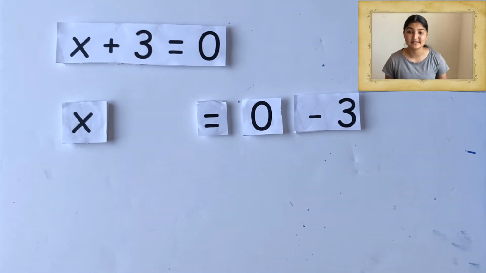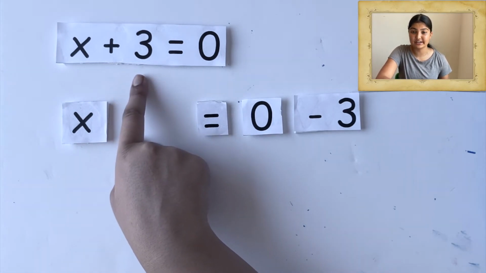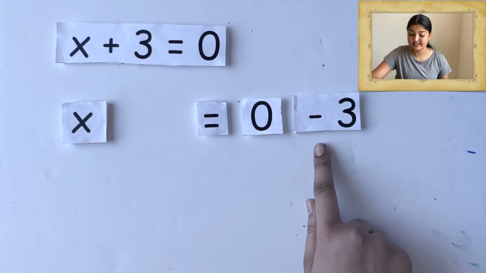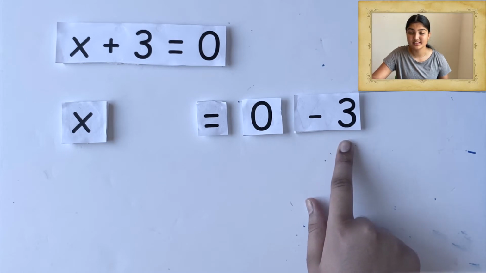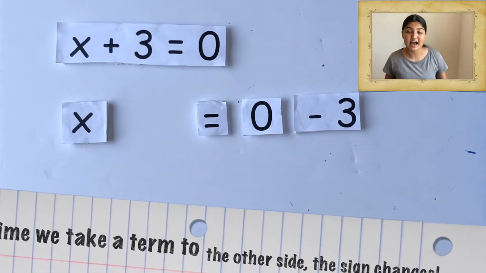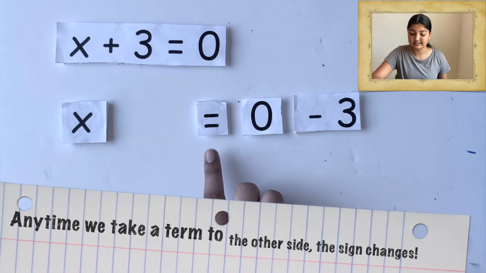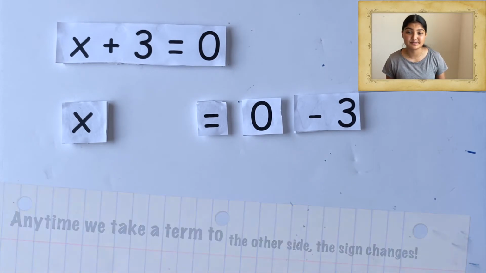Notice what happened. When we took positive 3 to the other side of the equal sign, it became negative 3. So anytime we take a term to the other side of the equal sign, the sign changes.